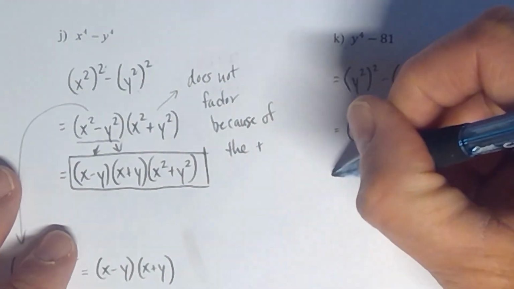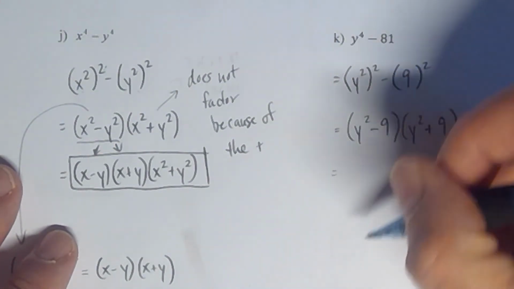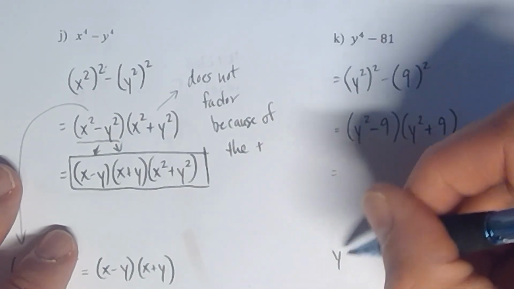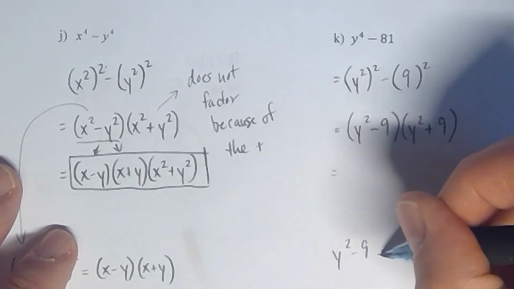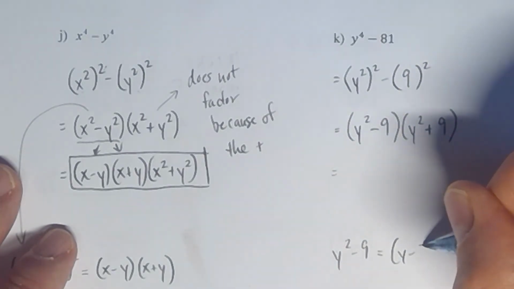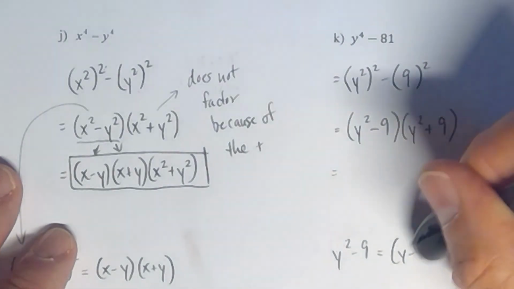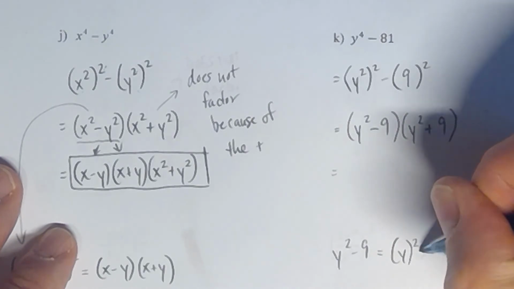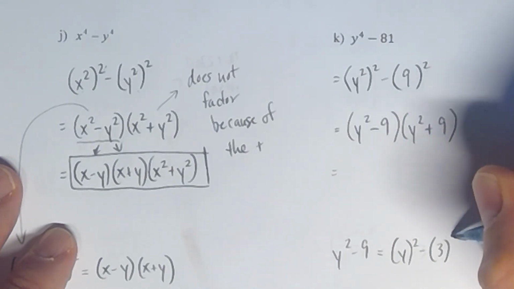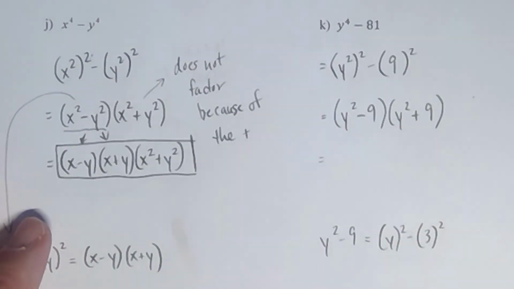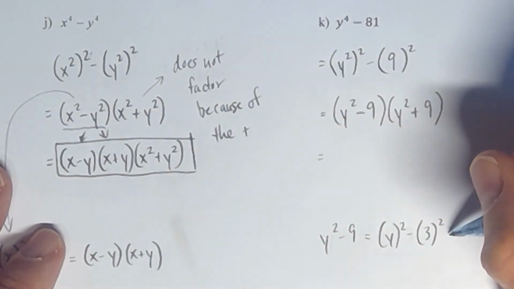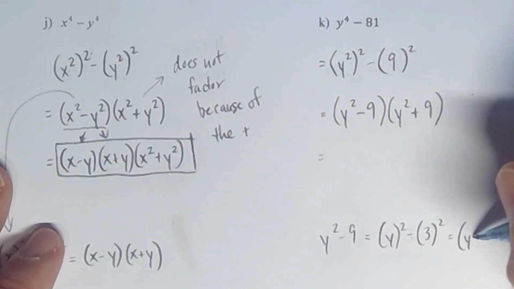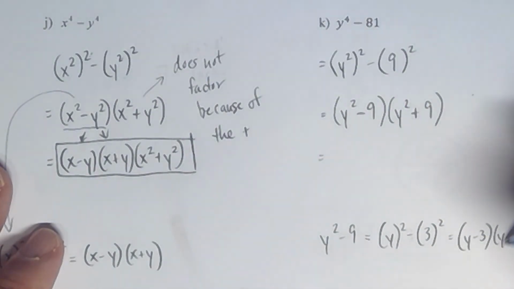But because that first one, again, I'll just write it down here. You don't have to write down this additional thing like I've said before. So this is going to be y squared minus 3 squared, isn't it? And so that leads to what? That leads to y minus 3, y plus 3.